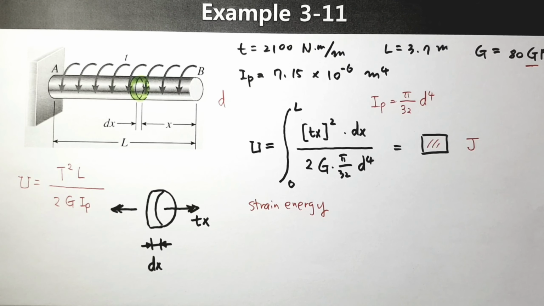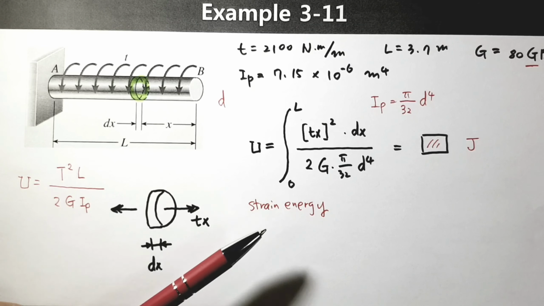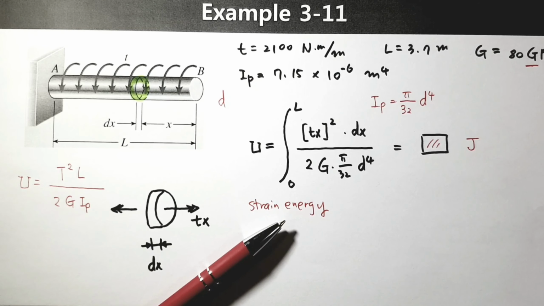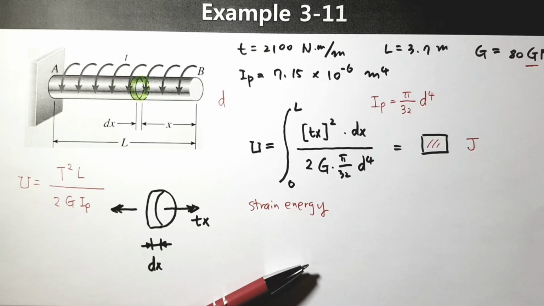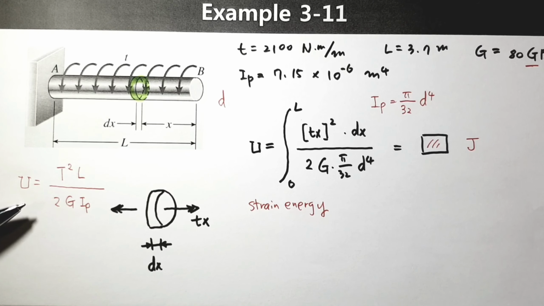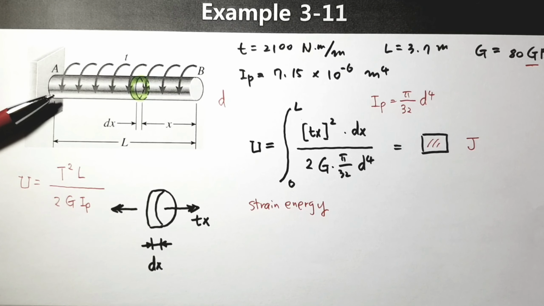Okay, in this example, we have calculated strain energy. The strain energy is normally calculated with this kind of formula. In this concentrated torque case, you can apply this formula. But here, in this system, it's not the concentrated one, it's distributed.